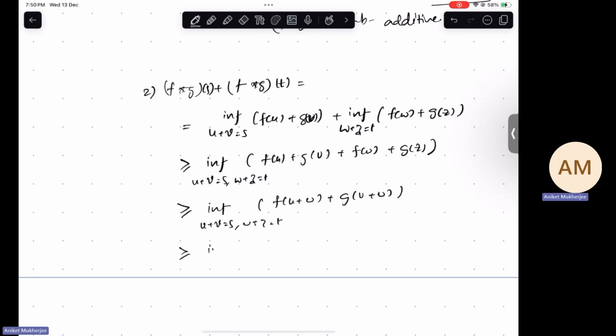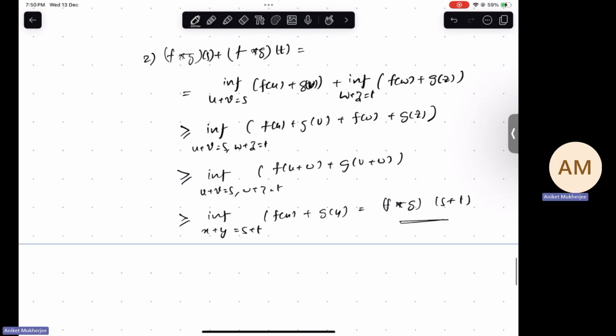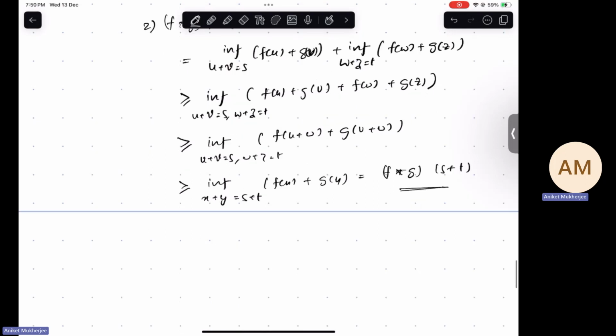Then you get greater than or equal to inf over x plus y equal to s plus t of f(x) plus g(y). This is basically f convolution g at s plus t. So we have found that f convolution g at s plus t is less than or equal to f convolution g at s plus f convolution g at t. Therefore, f convolution g is a subadditive function, right?